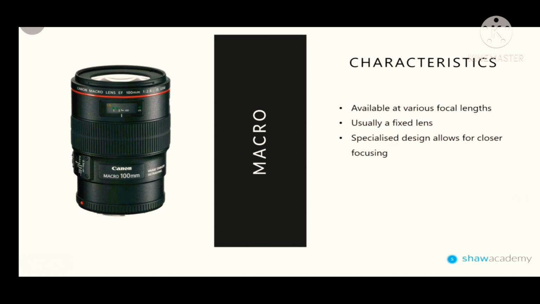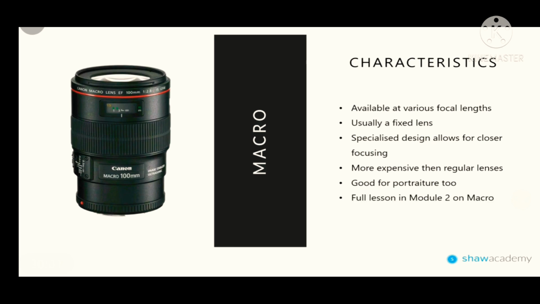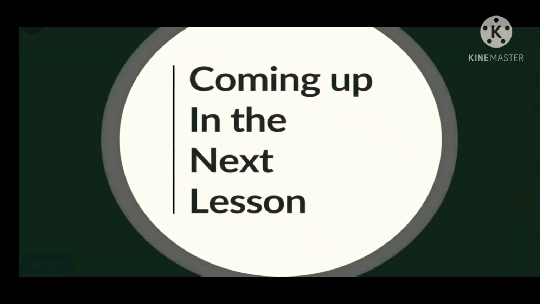At a certain distance, when you get too close, your lens simply cannot focus. Macro lenses go beyond this and will allow you to focus beyond this minimal focusing distance. But they are much more expensive than regular lenses, and they're actually great for portraiture as well. But as I said, there's an entire lesson about them in module number 2.